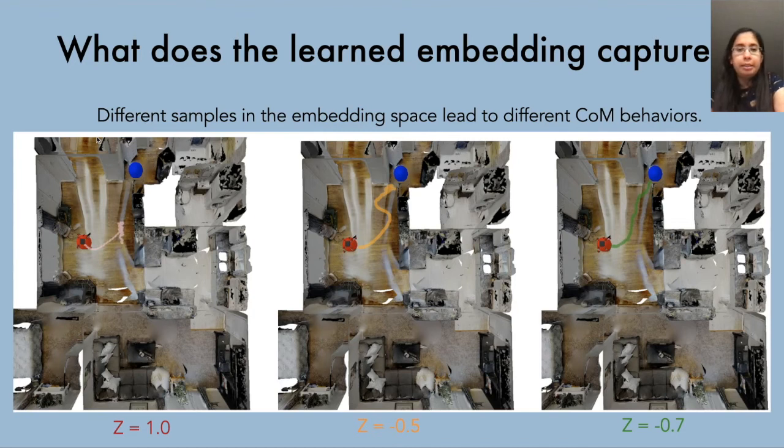In the middle is 4-legged Daisy with Z equal to negative 0.5, and on the right is Z equal to negative 0.7. These 3 different values of the latent embedding result in very different center of mass behaviors across Daisy. In the left 2 cases, it's not able to avoid obstacles, but in the rightmost case, it's actually able to avoid obstacles and reach its desired goal.